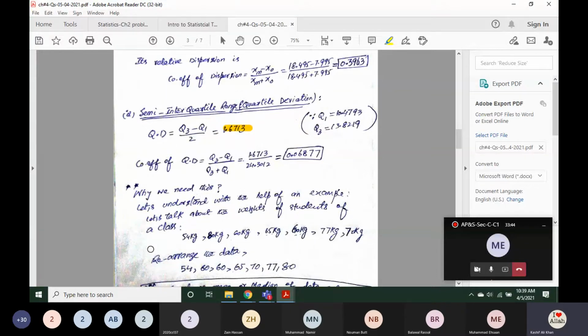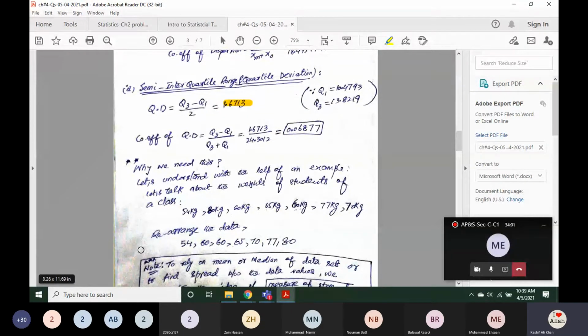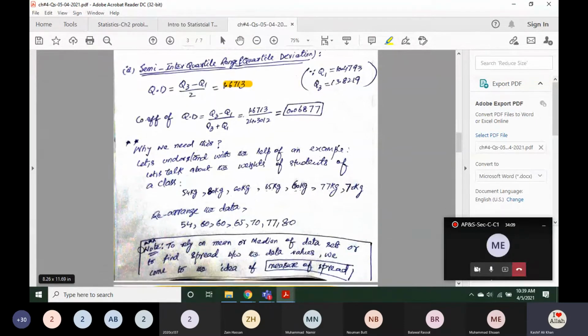So it will be preferable to find the interquartile range as compared to the range. If you have data of the weights of 7 students, now rearrange the data so that you can easily compute their median, which is also called the second quartile.